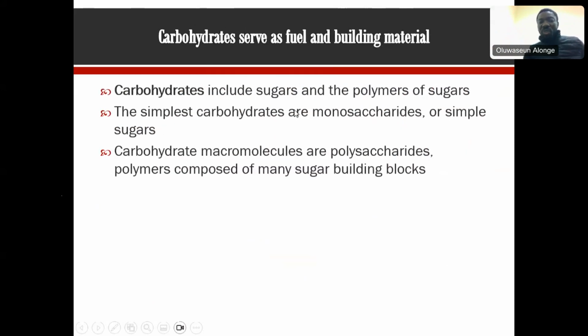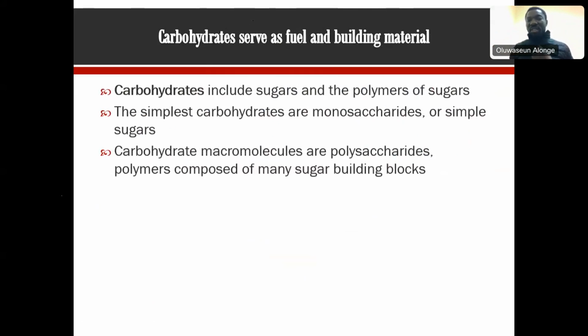Now, let's pick up each of the macromolecules and discuss them. First we are going to pick the carbohydrates. So what are carbohydrates? Carbohydrates are generally saccharides, so we call them sugars.